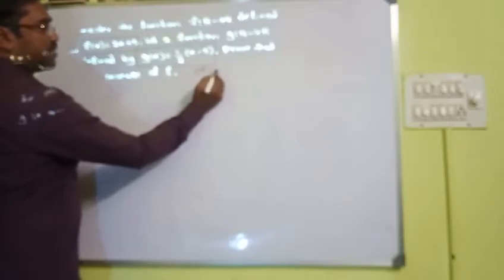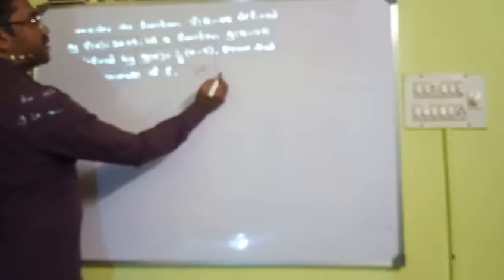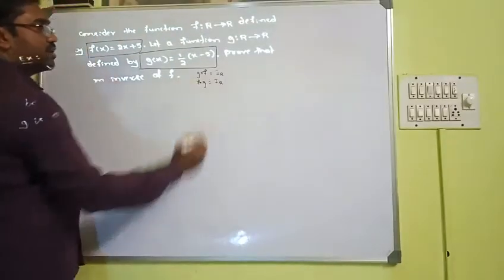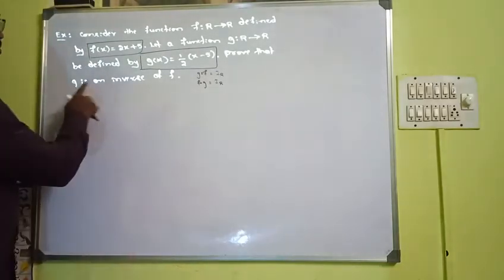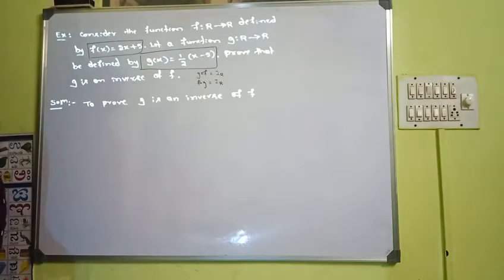That means we need to prove g composition f is I_R and f composition g is also I_R. We need to prove this. Then g becomes an inverse of f.